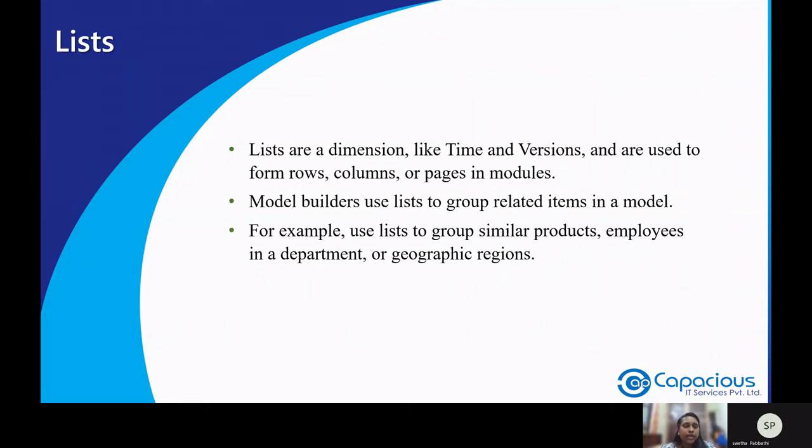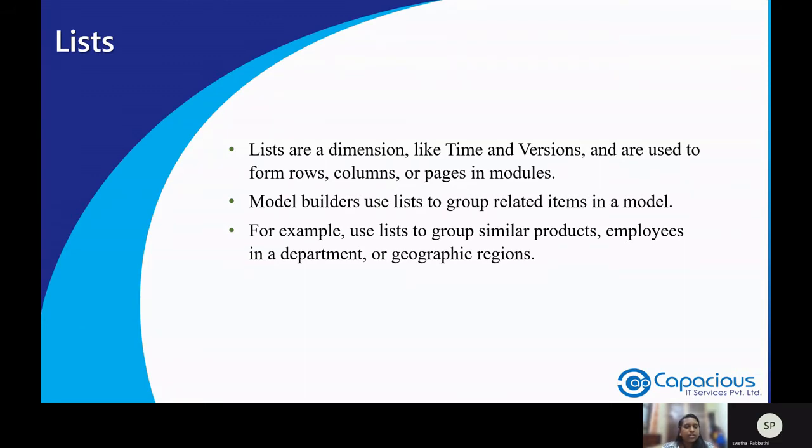Next, model builders can use a list of groups that is related to the model. Those items can be placed in the modules, and we can form classic dashboards in those modules. For example, a list can group similar products, employees in a department, or a geographical region.